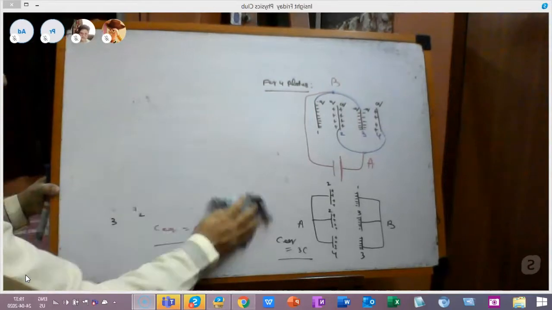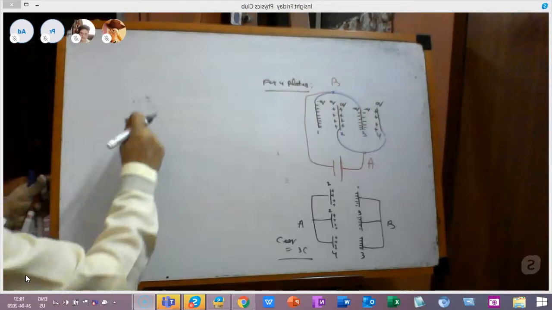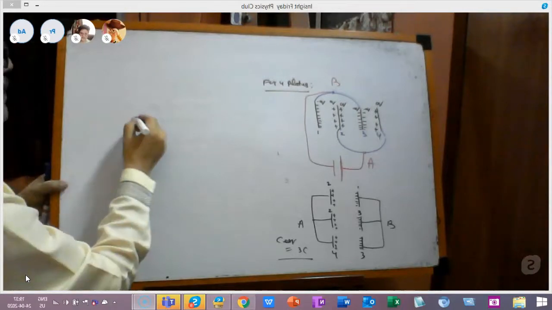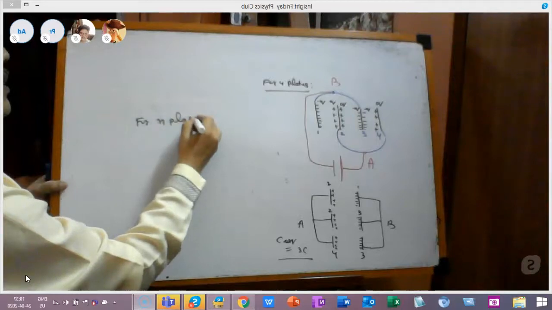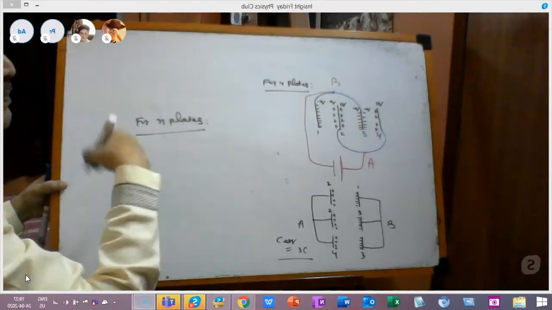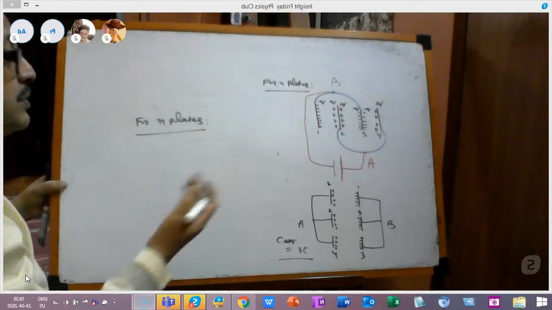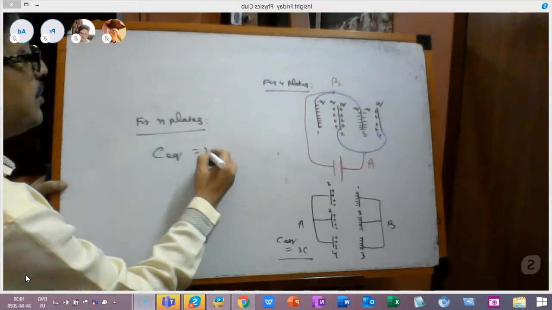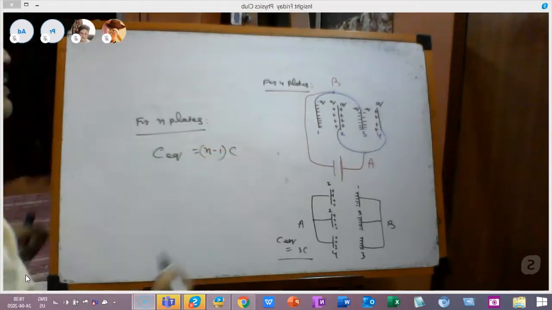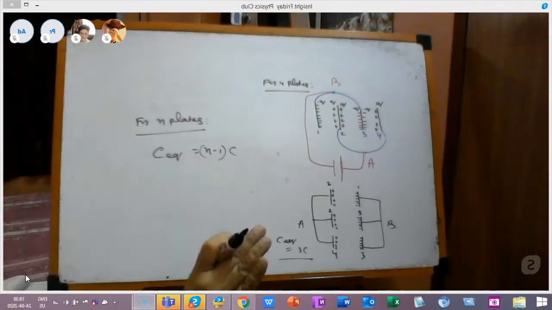So we draw a common conclusion there. If 4 plates are joined in this manner, if n plates are joined in this arrangement, when alternate plates are joined, then the equivalent capacitance is going to be C equivalent equal to (n minus 1) into C. In the previous case, n minus 1 capacitors only were formed, but they were in series combination.